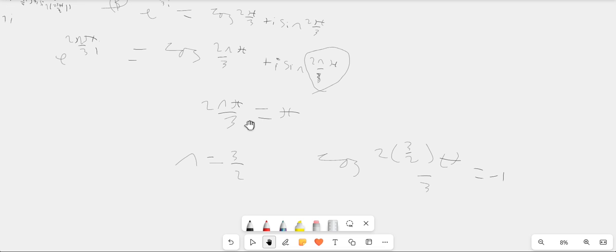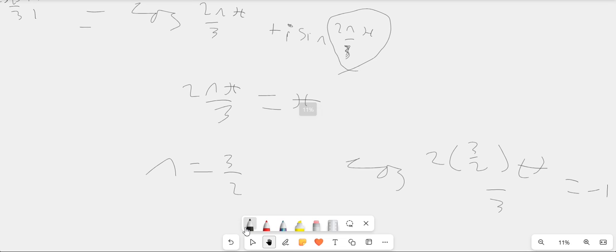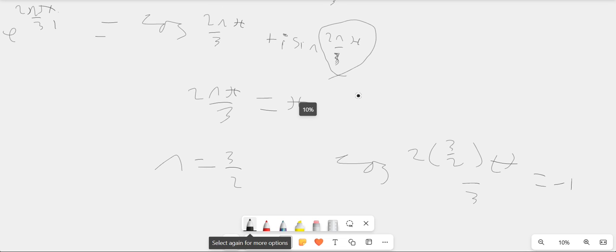So as a result, you need to come back to here and think what value of n would make this something else. So let's try n equals 3. That also seems logical because the 3 and 3 are going to cancel. That will give you 2 pi, and 2 pi is a multiple of pi, so it would also make the sine cancel, because sine 2 pi is also 0.